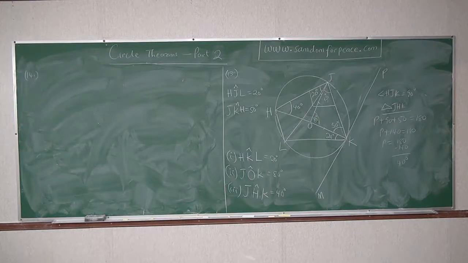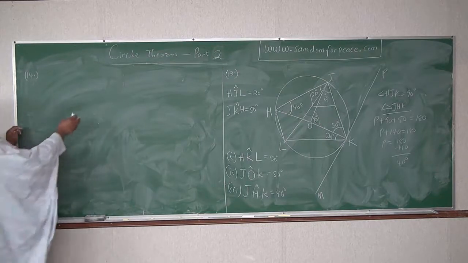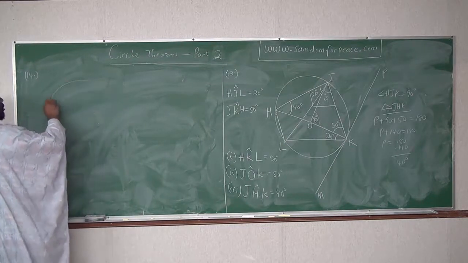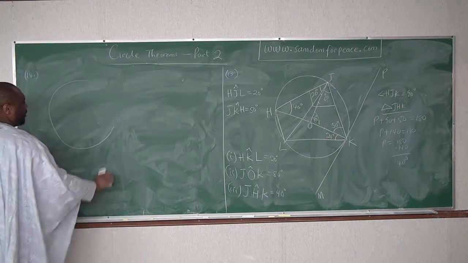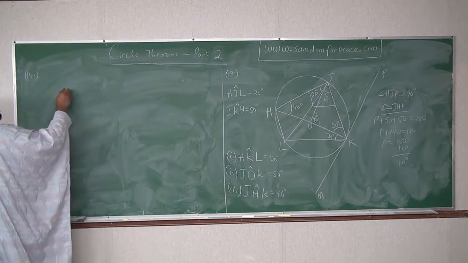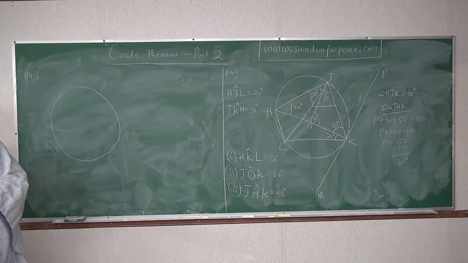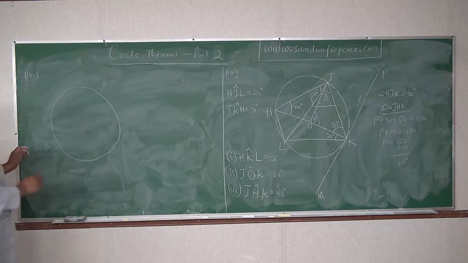Question 14 is WASSCE multiple choice. We have the circle. When you do a lot of varieties, it makes more sense.